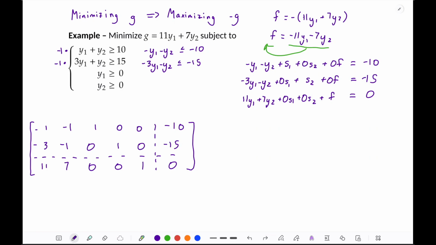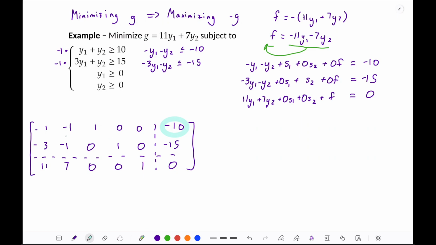Where in phase 2, you have to pick the most negative. Phase 1, it doesn't matter. So what I'm going to do is I'm just going to pick this negative value, which means that first row is my pivot row. Or no, that's not our pivot row yet. Sorry, I'm getting ahead of myself.